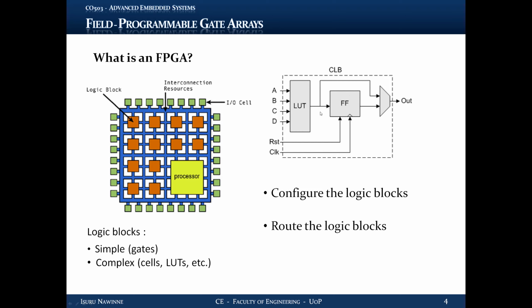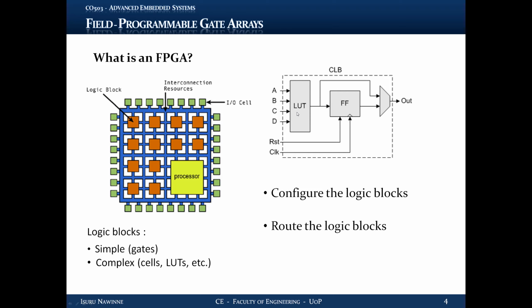You can configure this lookup table to hold different truth tables. You can imagine the lookup table can hold different truth tables. It can be configured to work with different truth tables. And that is how you can configure an FPGA to hold different logic circuits. So this lookup table itself is configured.